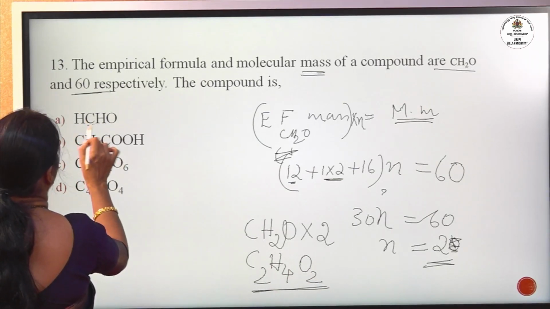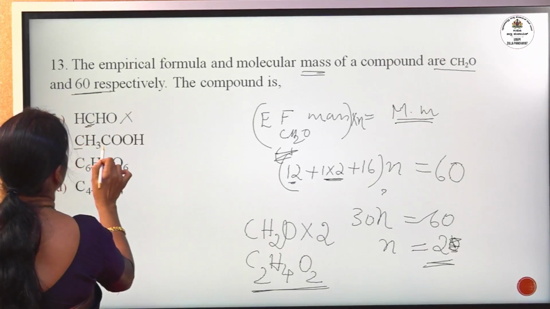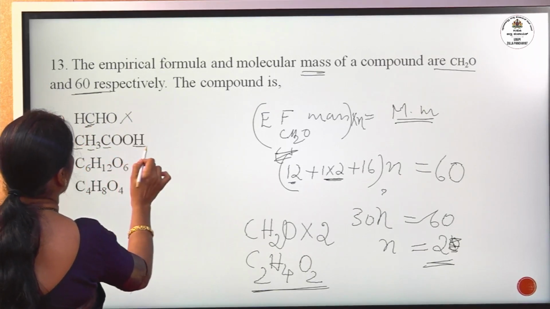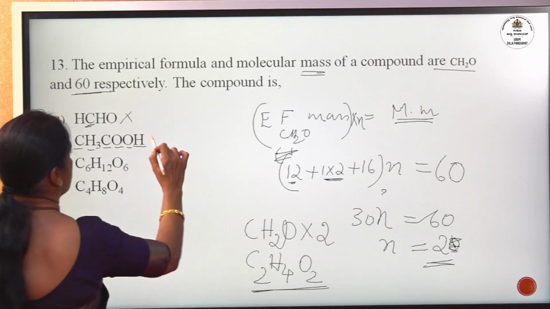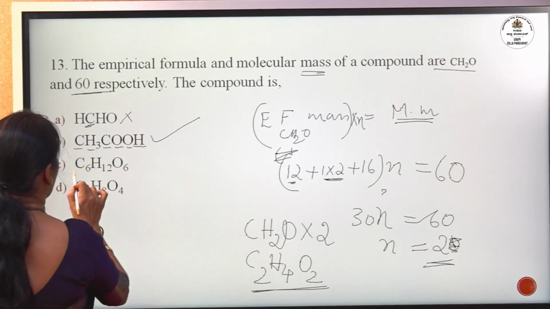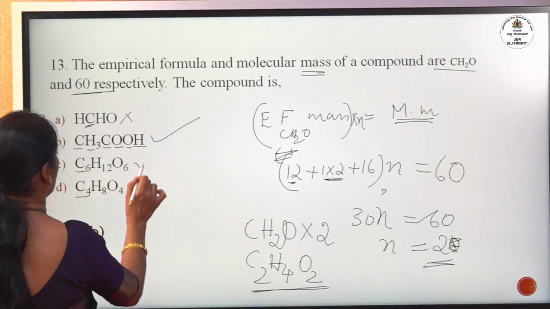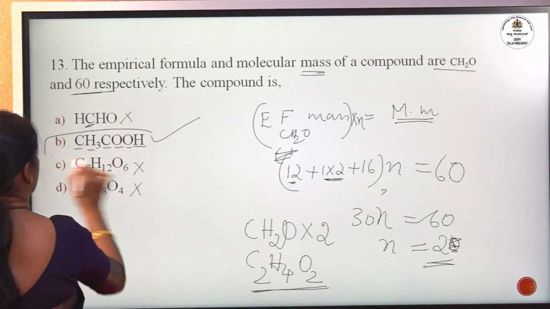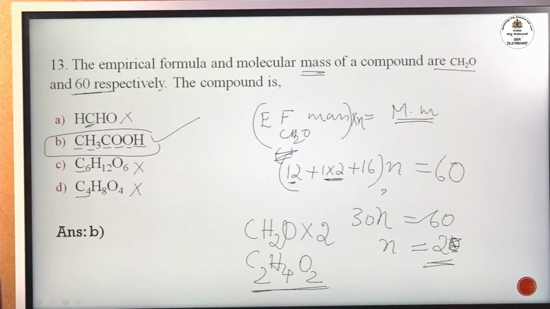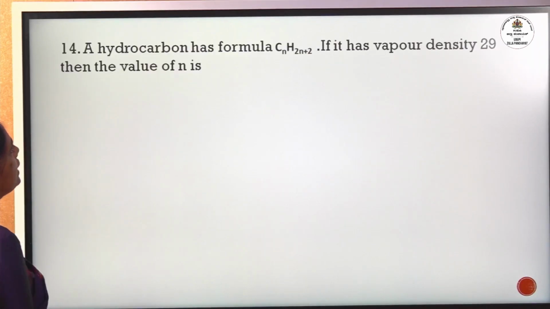C1 here, no, wrong. C2H4O2, so this is the correct one. Here we have C6, here we have C4. This is also wrong. So option B is the correct answer. Next we will move on to the next question.